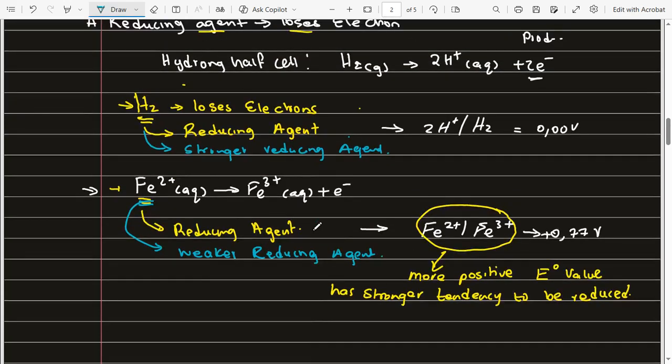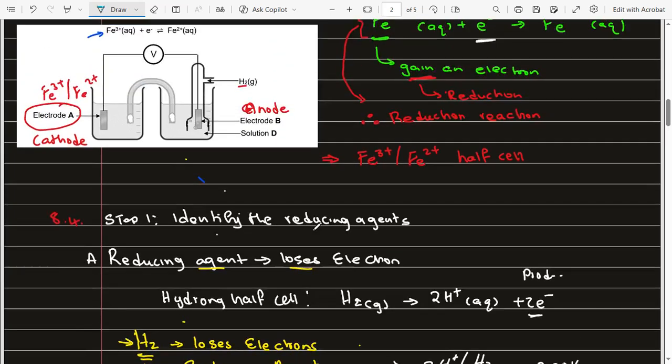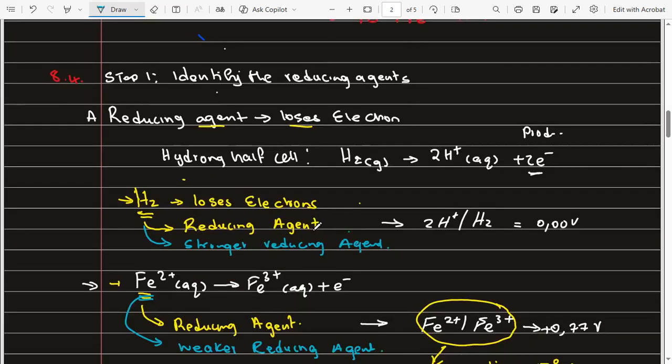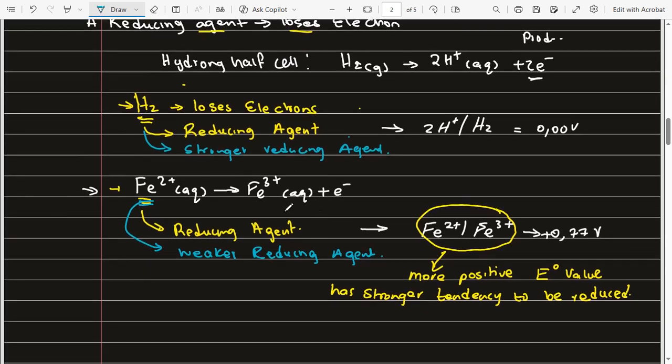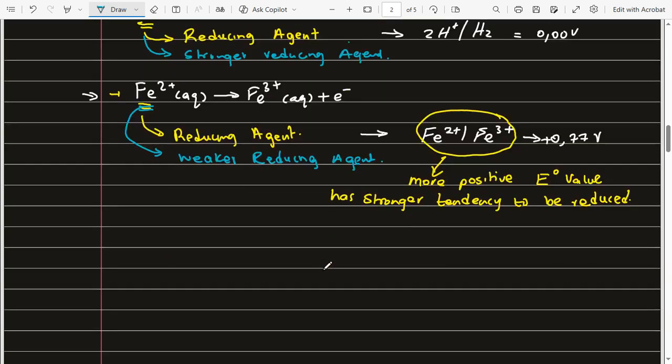Guys, I'm not just answering the question paper, I am teaching you. Just in case they change the question in an exam, you'll be able to answer it. Let's say in an exam they might change the question and say identify the stronger reducing agent or the weaker reducing agent.